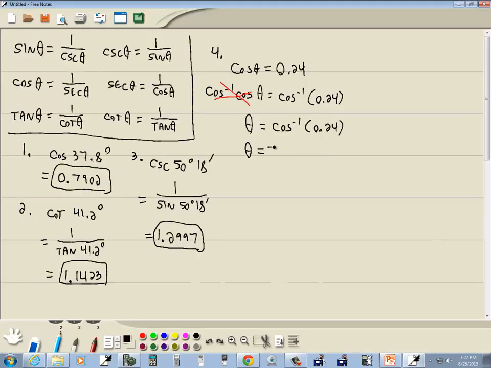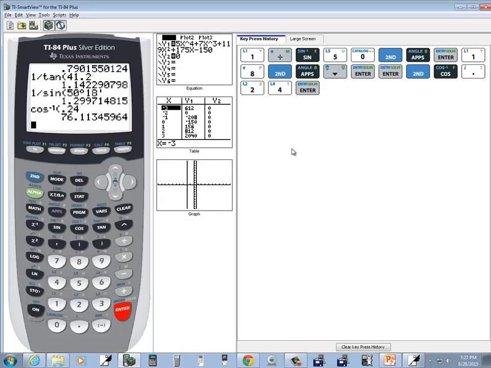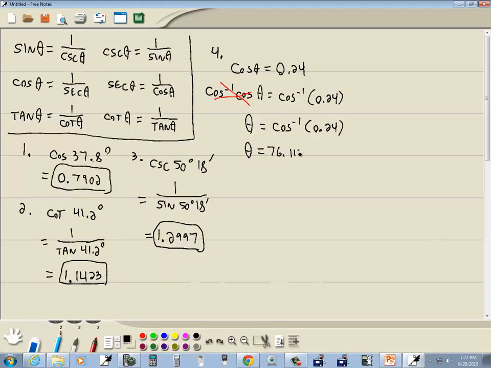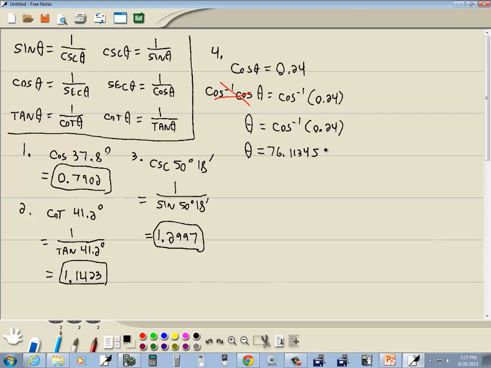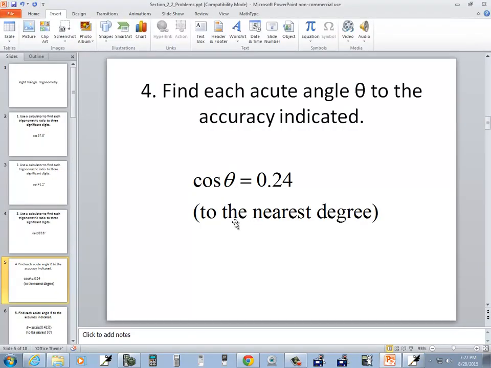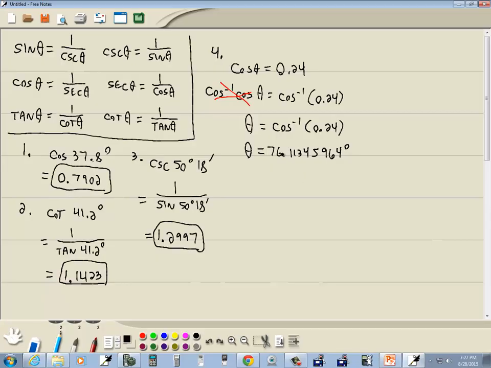And we get 76.11345964 degrees. Now this problem is asking us to take it to the nearest degree. Well, the nearest degree would be 76 degrees. And that's our answer.